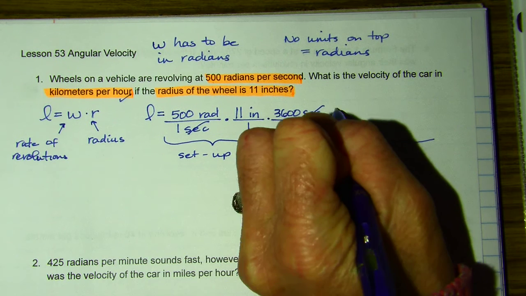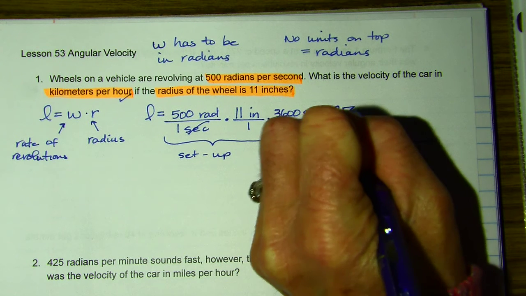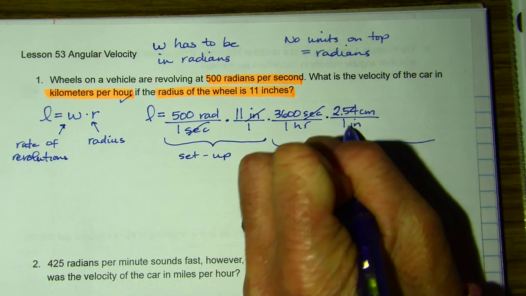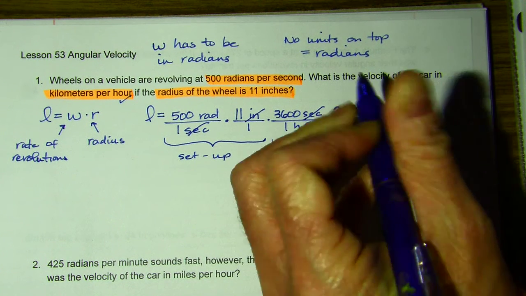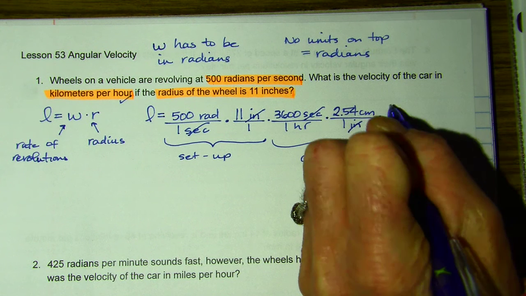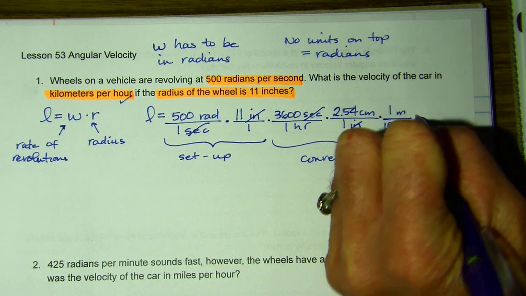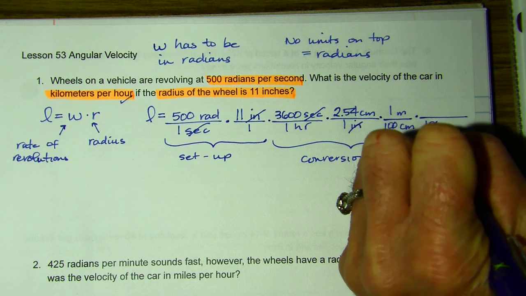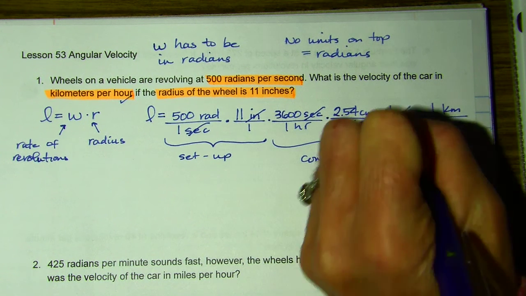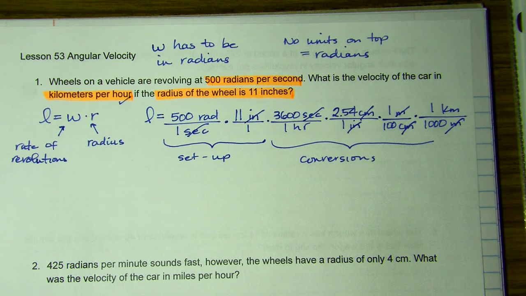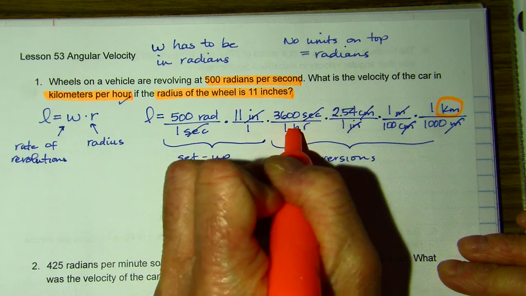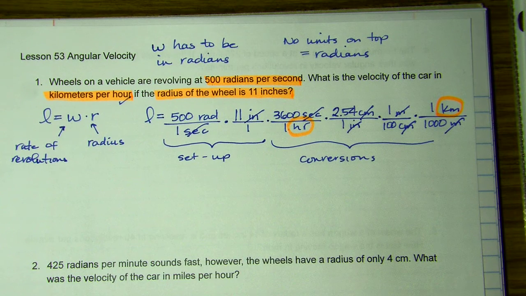I know that there are 2.54 centimeters in 1 inch, so inches is taken care of. I know that there are 100 centimeters in 1 meter, and I know that there are 1,000 meters in 1 kilometer. So I have now taken care of everything. Notice what's left: I have kilometers per hour. So I have converted it.